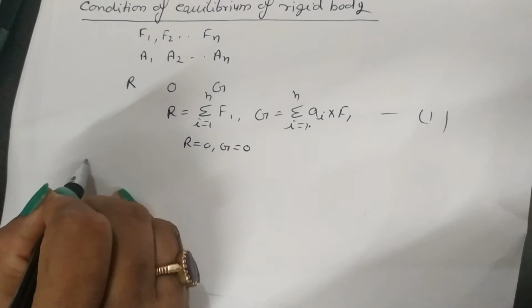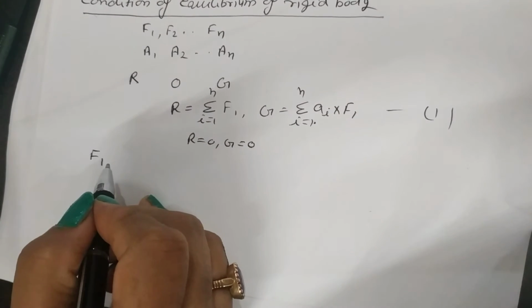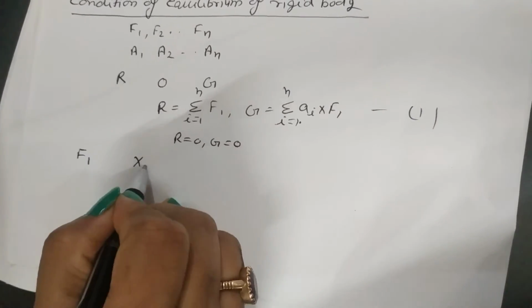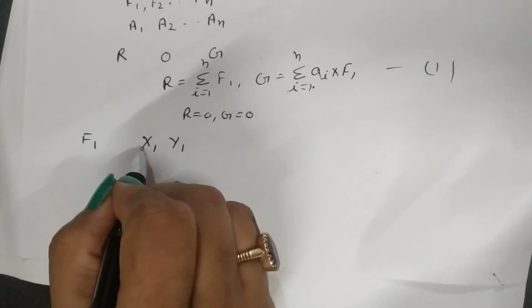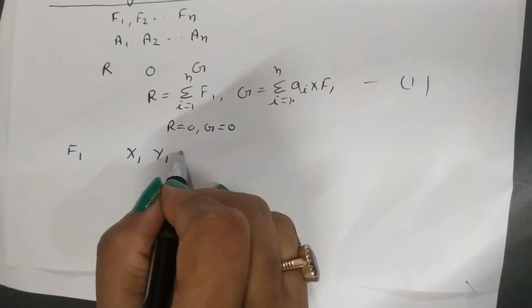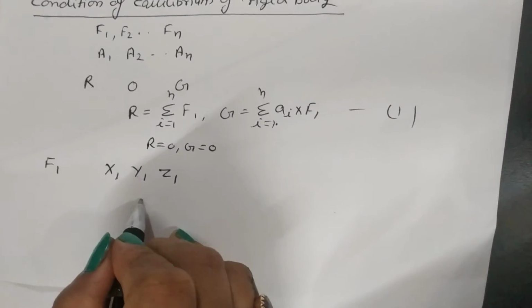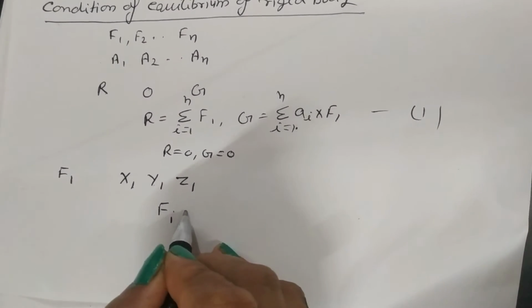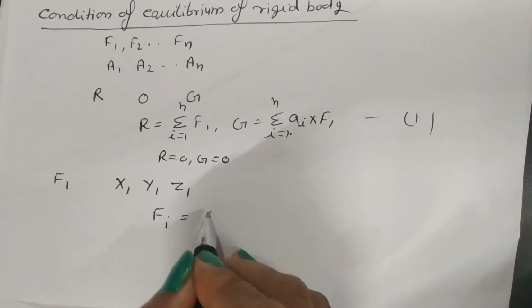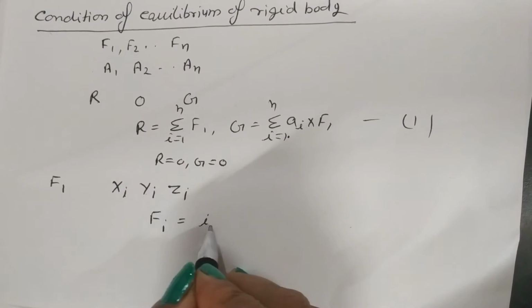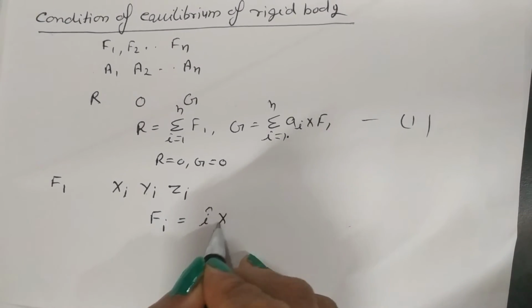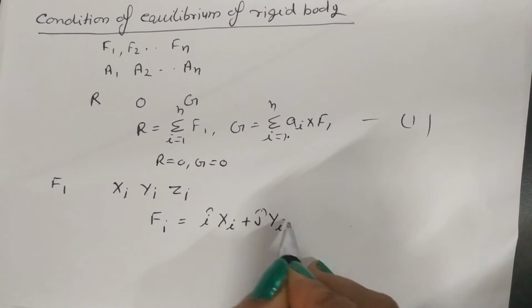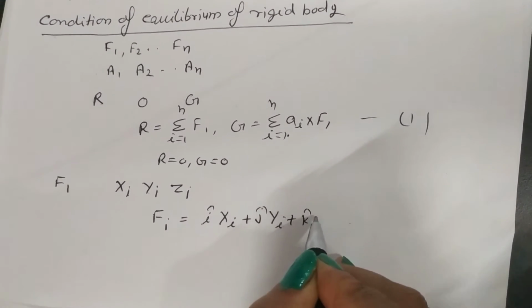If Fi has components xi, yi and zi, then Fi can be defined as i unit vector xi plus j unit vector yi plus k unit vector zi.